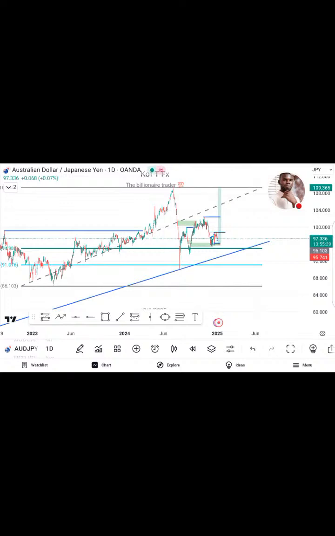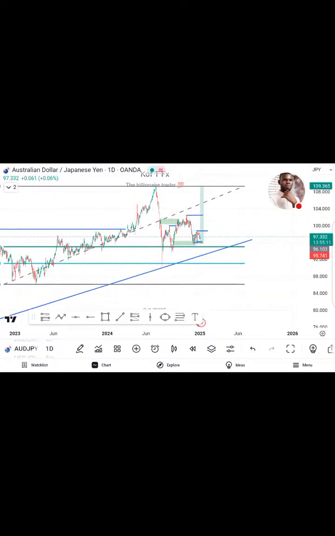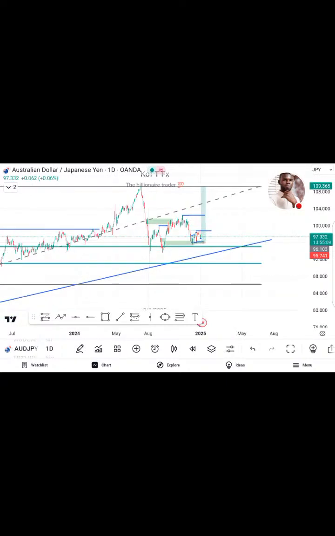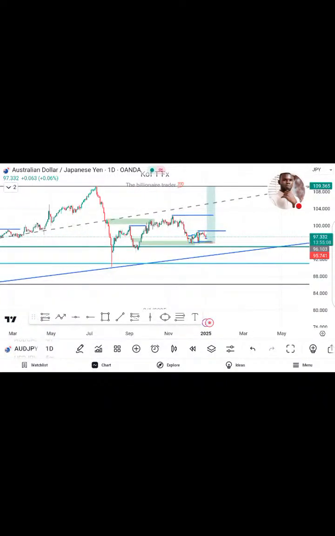There is a higher tendency for me not to understand the directional bias of this particular pair, which might have affected my trading. In short, this is what I'm actually anticipating on USD JPY.